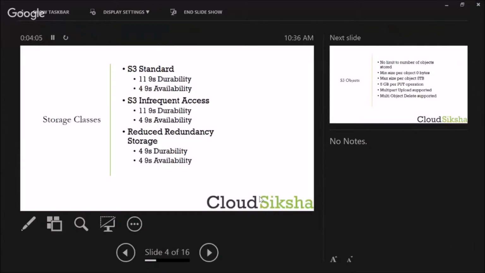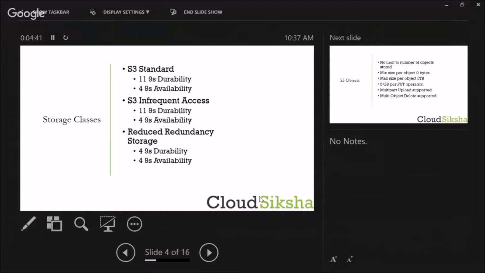And if there are files which can be regenerated, now that could go into reduced redundancy storage. The reason they have these three storage options is depending on what is the importance of the file to you, you can choose one of them. And the cost differs. So S3 standard is the costliest one. Infrequent access is slightly cheaper than S3 standard, and reduced redundancy is the cheapest of these three.